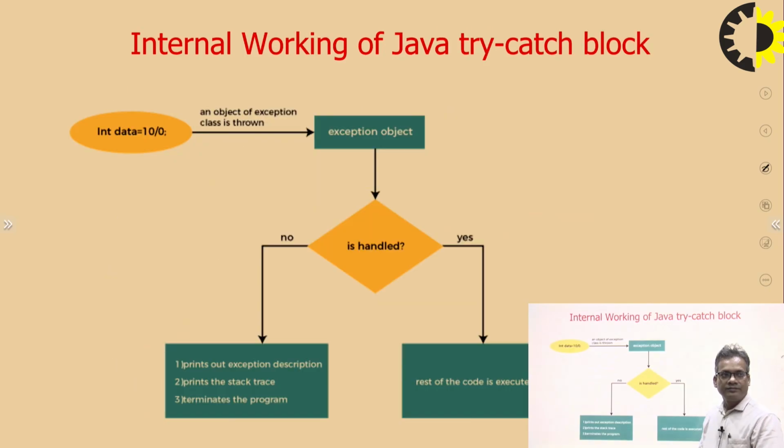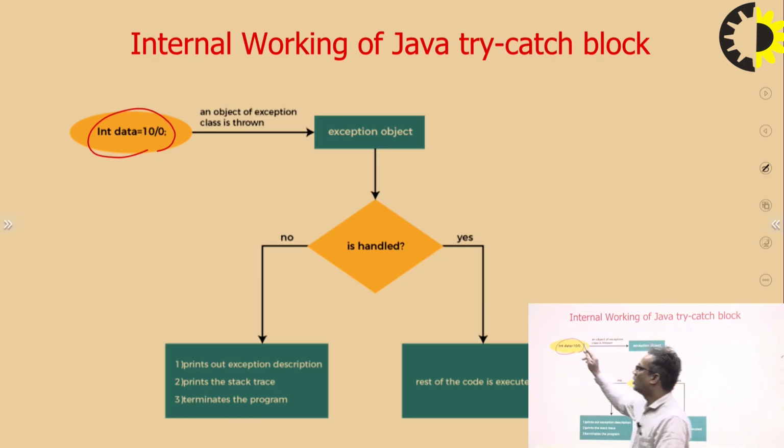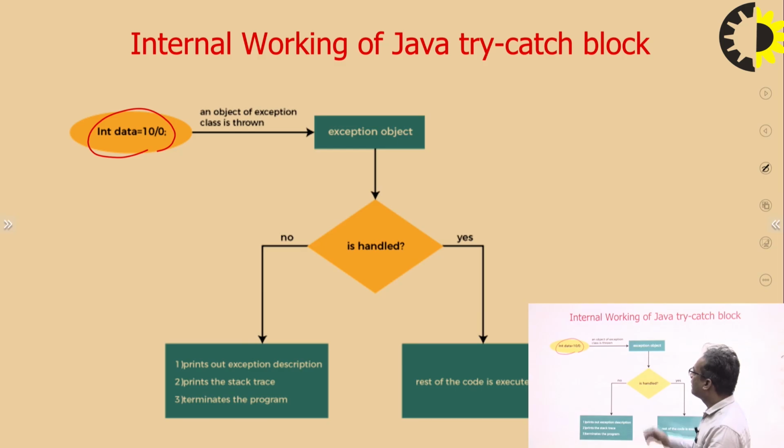Next, internal working of the try block. If you have a code block that may have some exception, then an object of the exception class is thrown. Then the exception is handled.